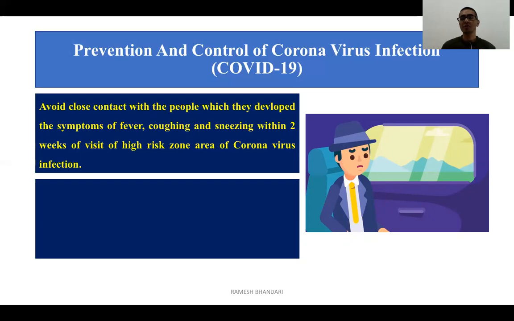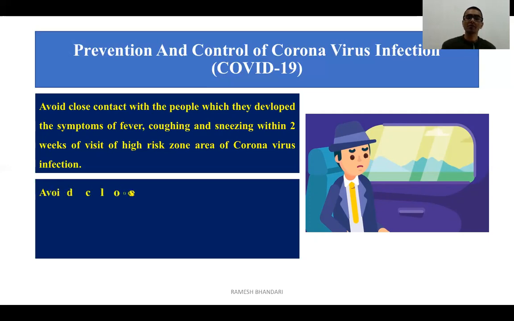Suppose a person has come from Wuhan, or Korea, or Italy, and after 2 weeks they start developing symptoms of fever, coughing, and sneezing. In such cases, we should not go close to those persons.